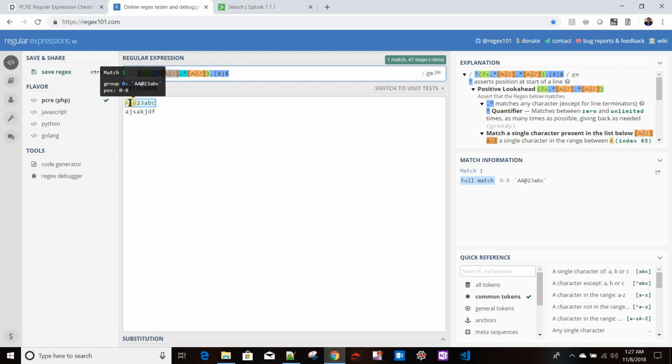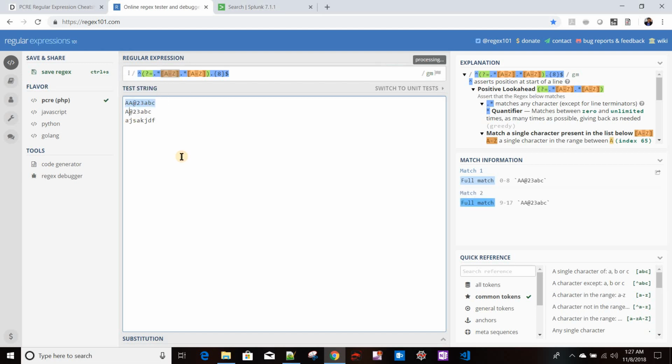So this AA, two uppercase letters, can occur at any place. Either they can occur together, or this A can be here, something like this, and then this A could be somewhere else.